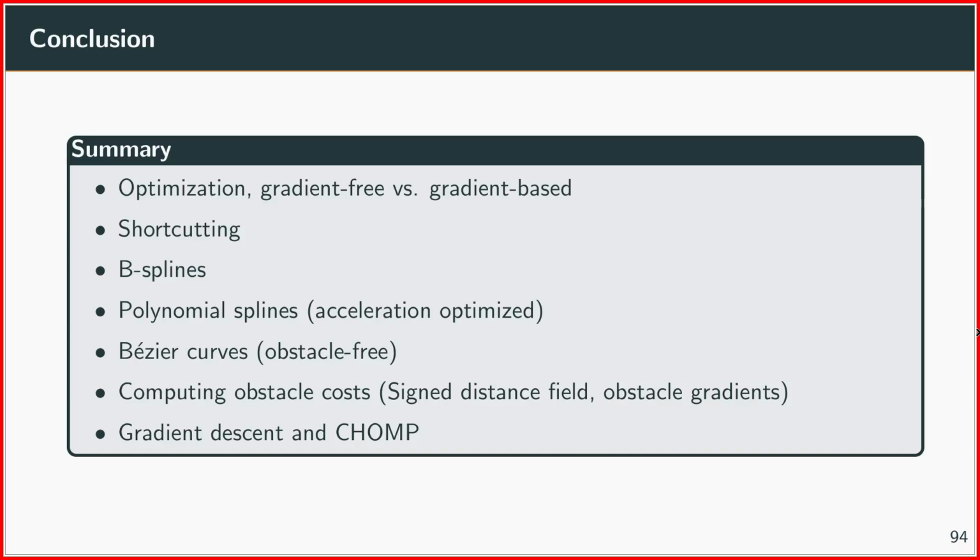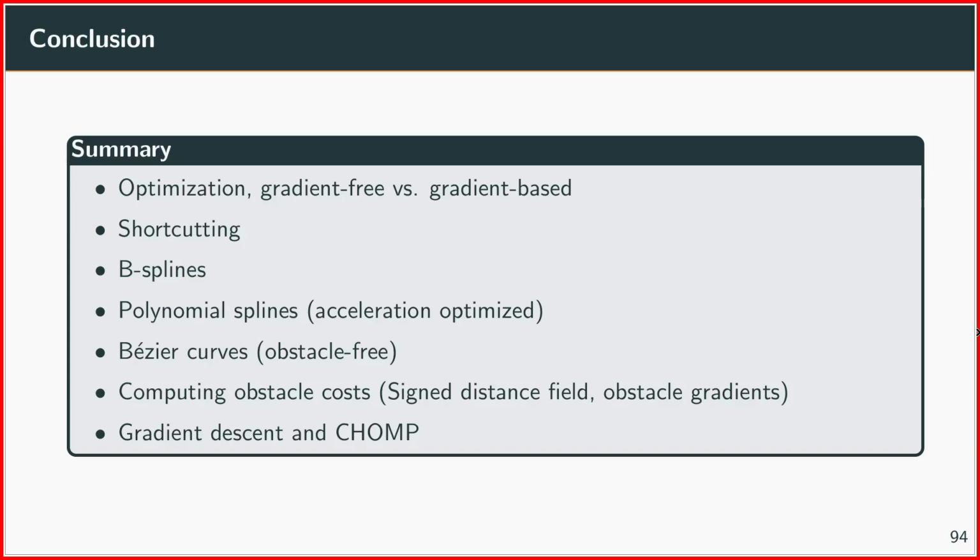Okay, let me just summarize. So we talked about optimization-based motion planning today, and especially about two different categories, gradient-free and gradient-based. In gradient-based, we had derivatives of cost functions to optimize our path. We talked a little bit about shortcutting as an example of gradient-free optimization.